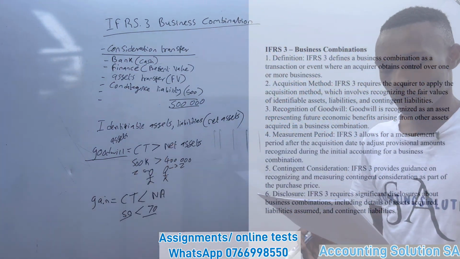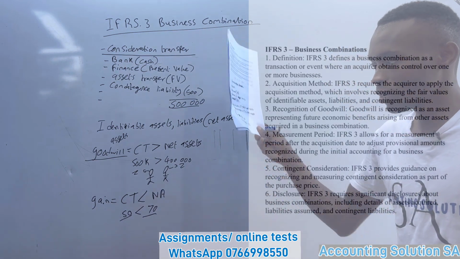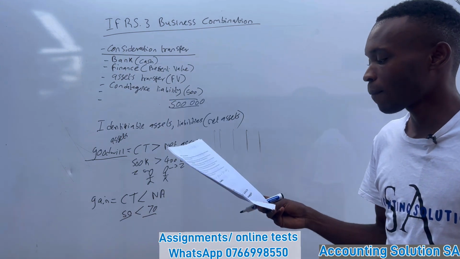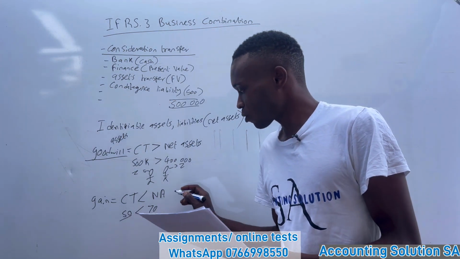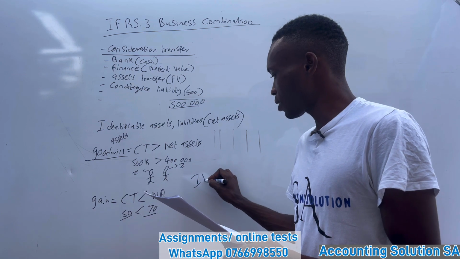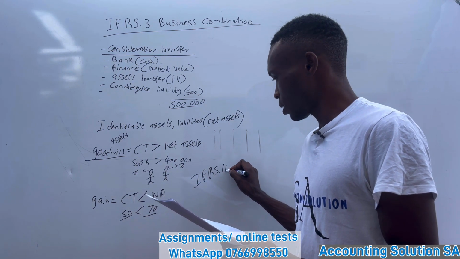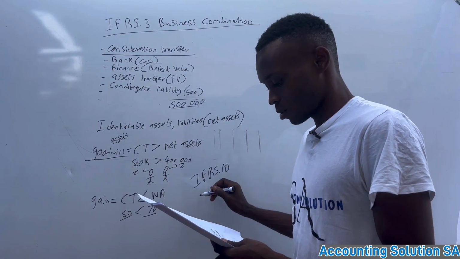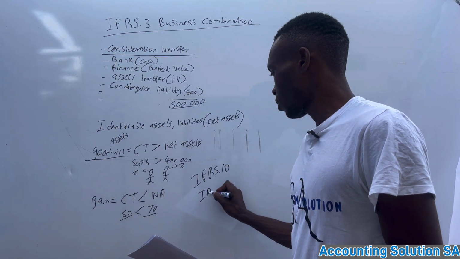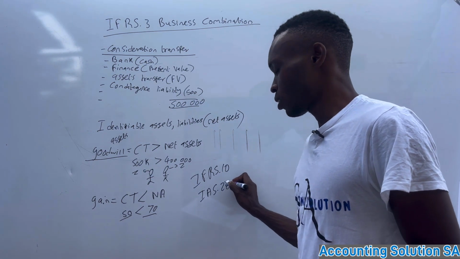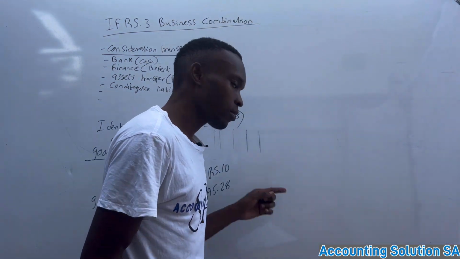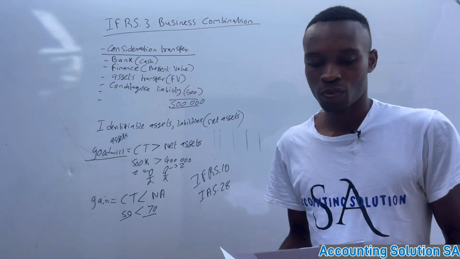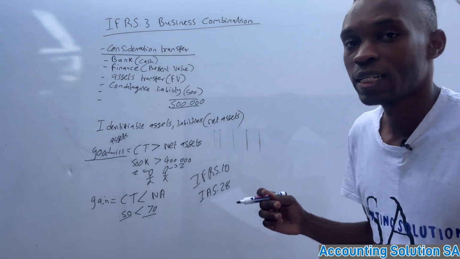under other income. Okay, then after that, guys, all this process which we are going to do an example of under part 2, we still have to apply IFRS 10 or IAS 28. So when we talk about IFRS 10, we are talking about consolidated financial statements.